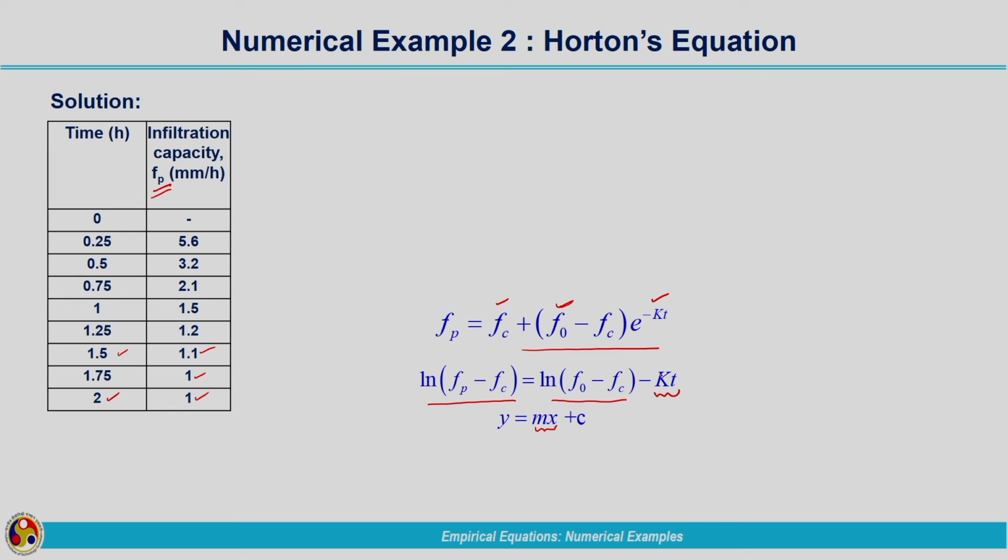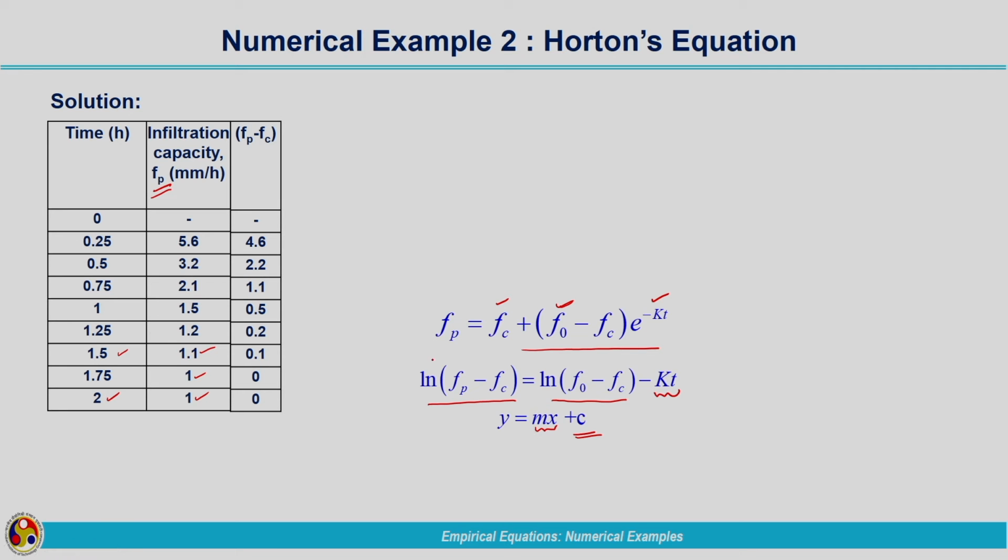If we are fitting a straight line with the data, then we can get the slope from the straight line, and that slope will be representing our parameter k, and our intercept c will be giving you ln(F naught minus Fc). Once ln(F naught minus Fc) is obtained from the graph, you can calculate the value corresponding to F naught. Let us see how the values are coming.